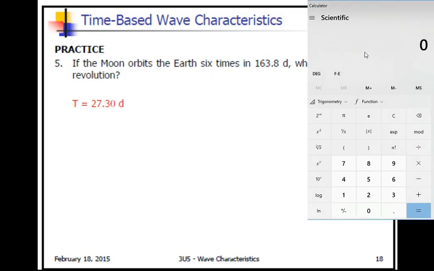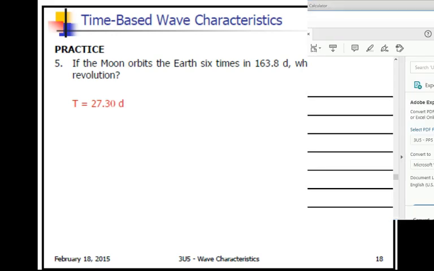So it's 163.8 days divided by 6. We have 27.3 days. That's our period for the moon in this case.